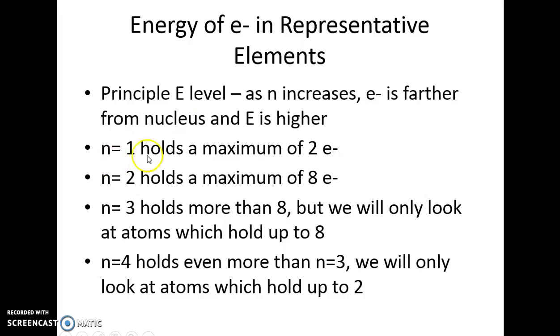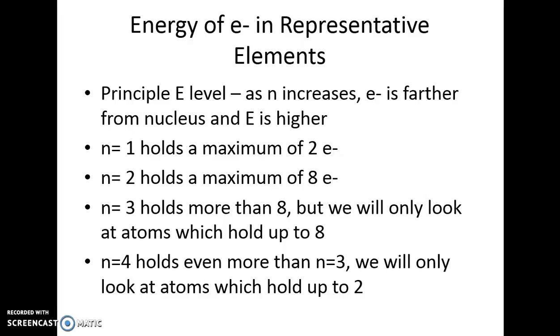The numbers start with 1 and go out to infinity, but we're going to only look at the lowest numbers. N equals 1 will hold a maximum of 2 electrons. It can hold 0, 1, or 2. N equals 2 holds a maximum of 8, so it can hold anywhere from 0 up to 8.